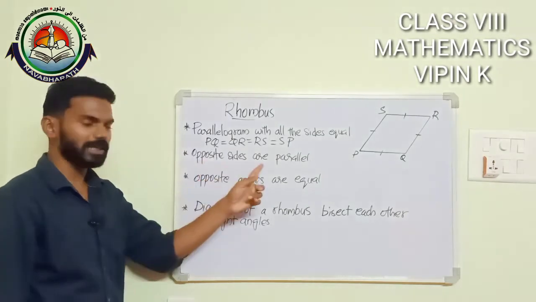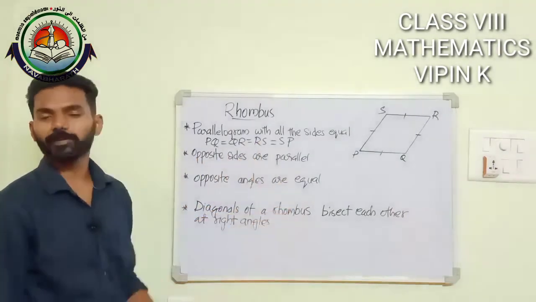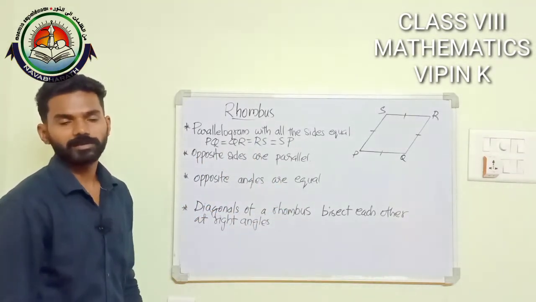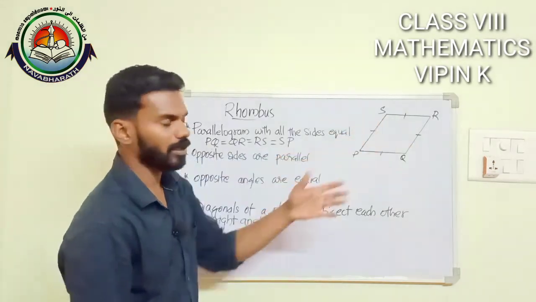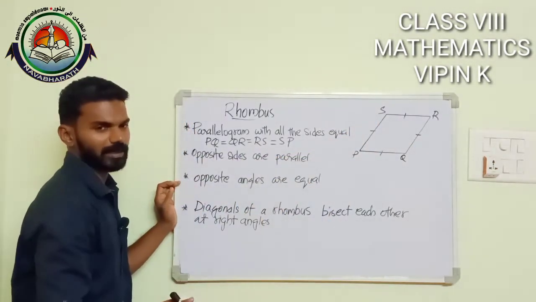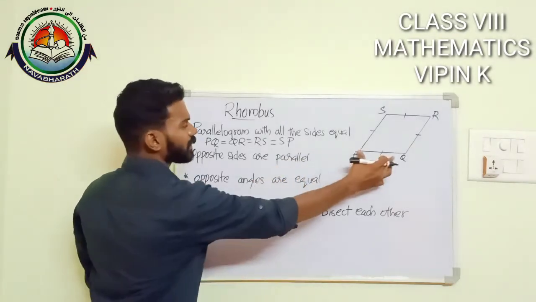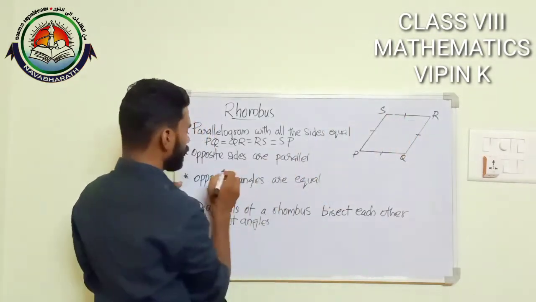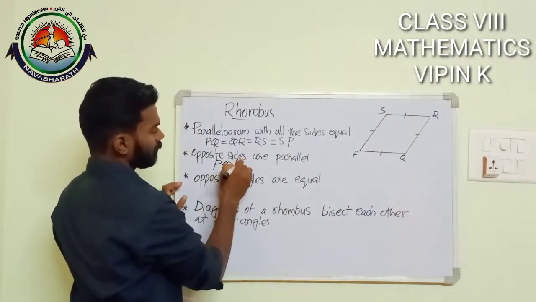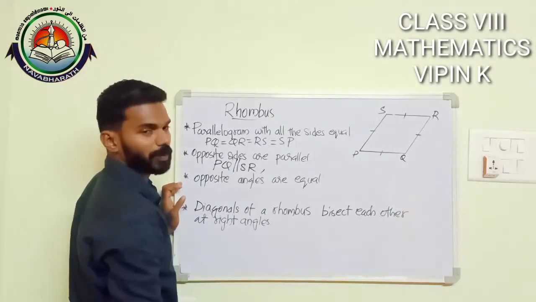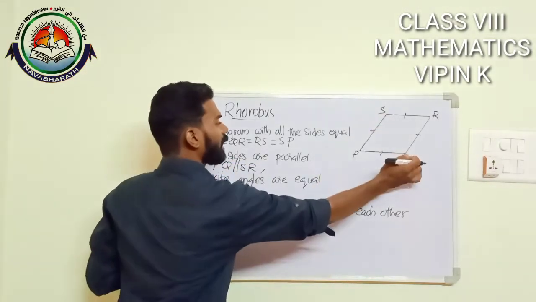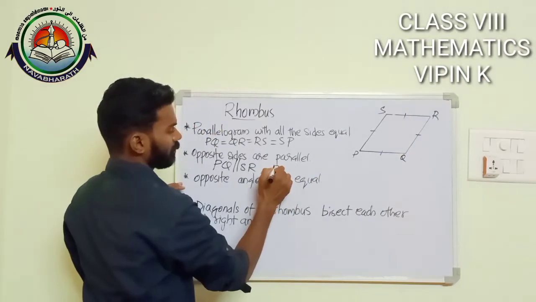Now the second condition, opposite sides are parallel. This would be a parallelogram only if the opposite sides are parallel. Which are the parallel pairs of sides? PQ parallel to SR. Which is the next pair? PS parallel to QR.